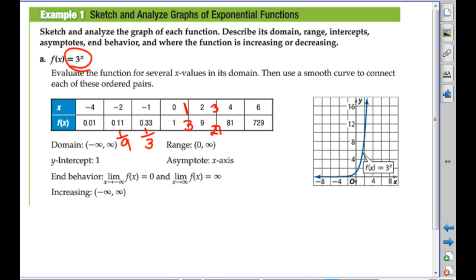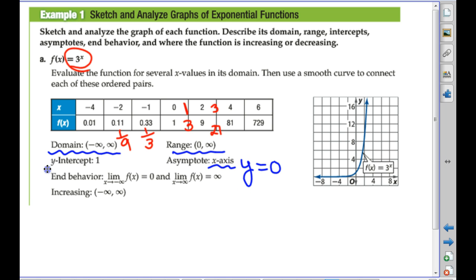The domain of any exponential function will be all real numbers. The range, if you look over here, bottom to top is 0 to infinity, and it never actually hits 0. It has an asymptote at the x-axis, which is y equals 0.